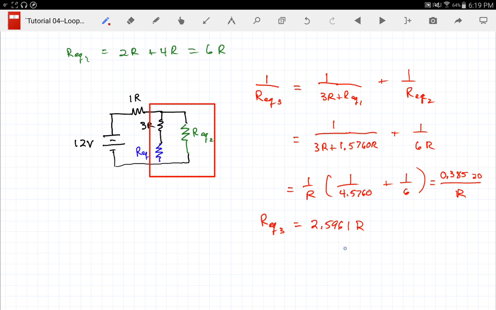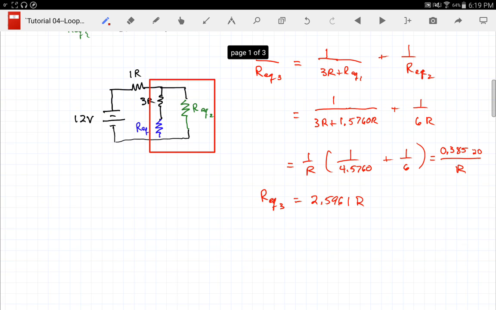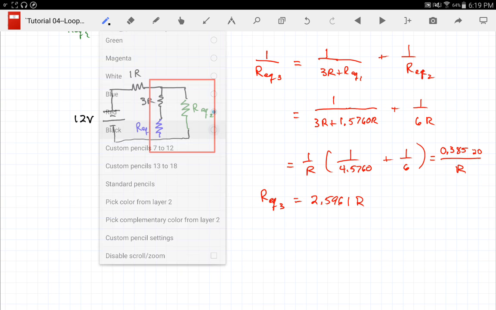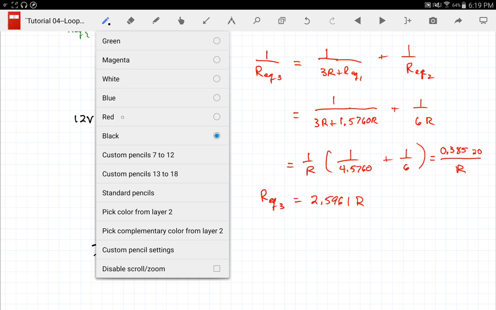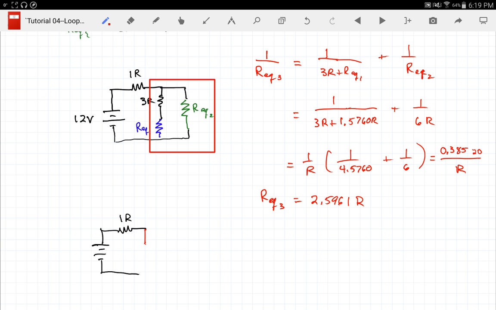So now that I've gotten this far, my circuit is very simple. My circuit is now just my 12-volt battery with 1R here, and then I have my R equivalent 3 equals 2.5961R there.